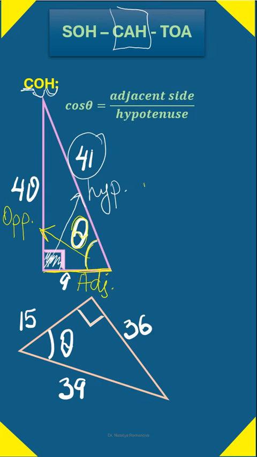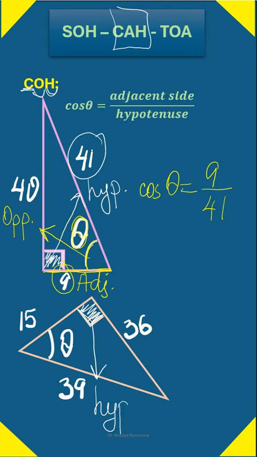Now we can write cosine theta equals adjacent side. So adjacent is 9 divided by hypotenuse 41. The second triangle, we have a right angle here, the side opposite the right angle is 39, so this is the hypotenuse. Then we focus on the given angle theta here.